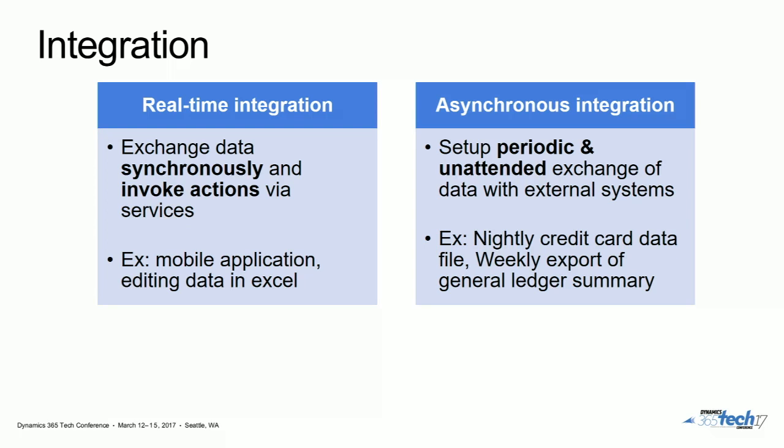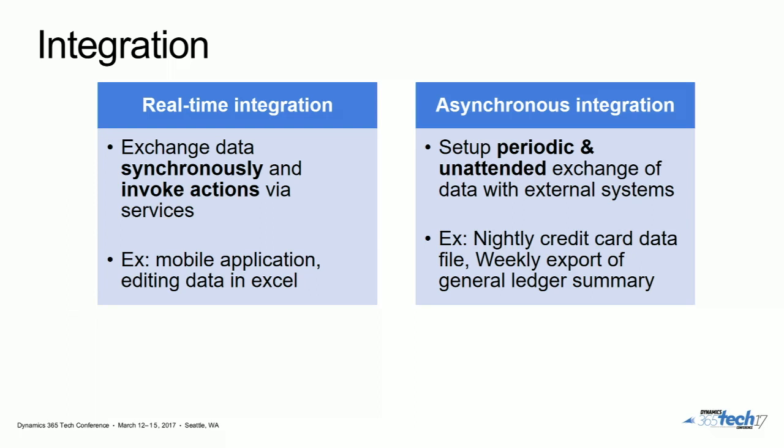In terms of the asynchronous pattern, this is a typical recurrence-based job. It could be a nightly feed of your credit card information or a bi-weekly feed of, let's say, a payroll journal. So basically, it's scheduled. In terms of pattern, I really like the asynchronous pattern, and that's what we try to push all of our customers to implement.